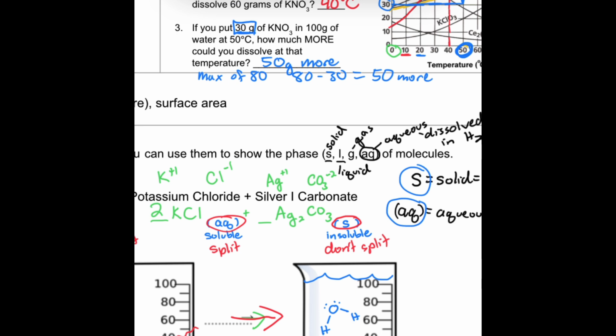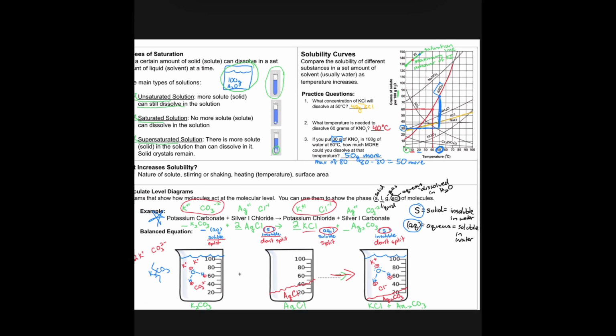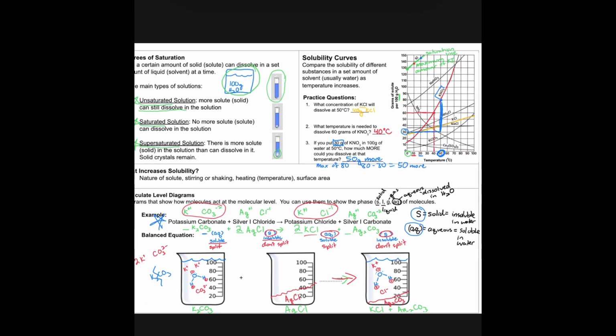It's going to sink to the bottom. But the aqueous one, the potassium chloride, that one I'm going to split up. I'm going to put my potassium ion and my chlorine ion next to the ends of water they're supposed to be with. My potassium ion is positive, so it's going to hang out with the more negative end of water here. And since the hydrogen end of water is more positive, my negative chlorine ion is going to hang out with it.